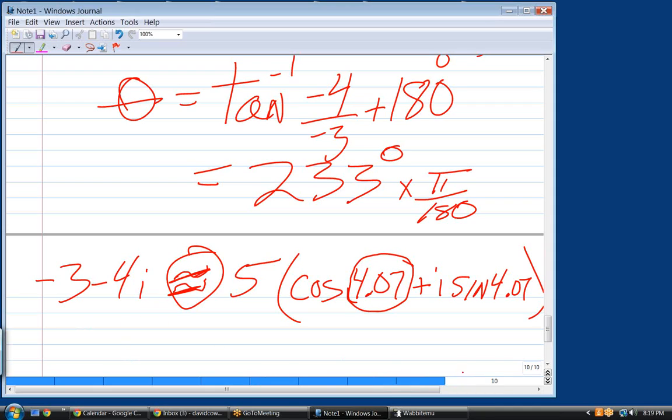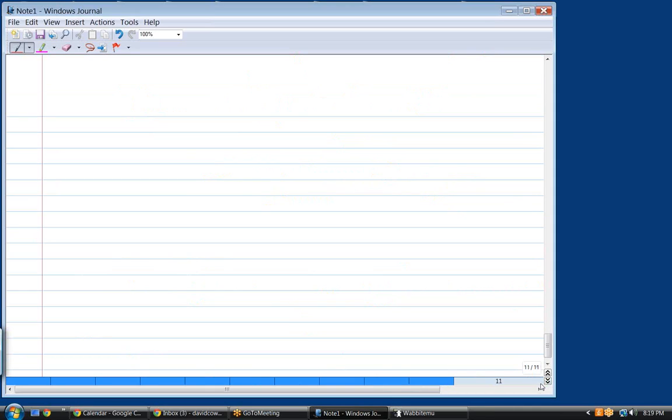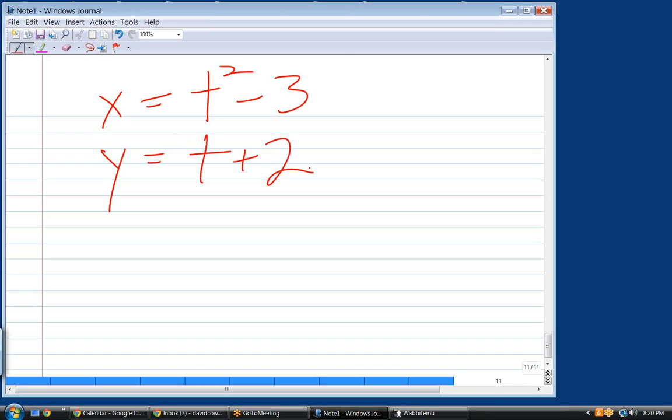Okay, what else? The next one is, okay, given the parametric equations x equals t squared minus 3 and y equals t plus 2, eliminate the parameter and write the equation.